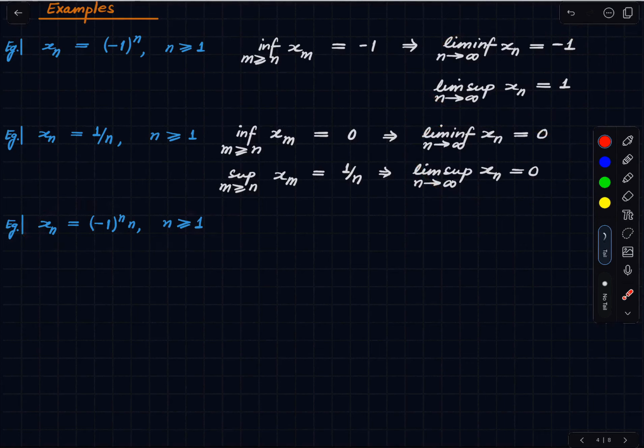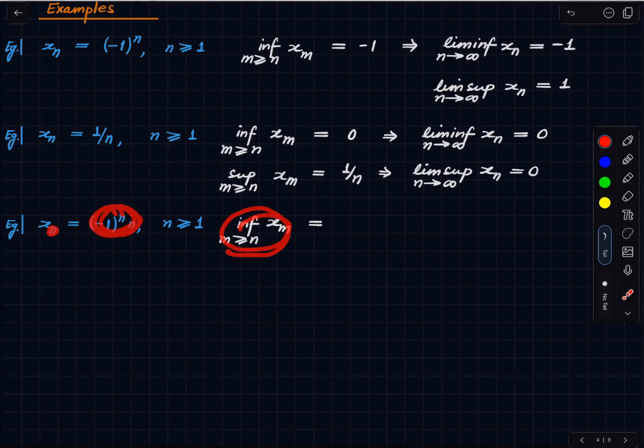Okay. And what about this guy? Let's see. So what is the infimum of this? Well, when n is odd, this number is a negative number with the magnitude equal to the time. So if n is odd, this is -n. If n is even, this is n.